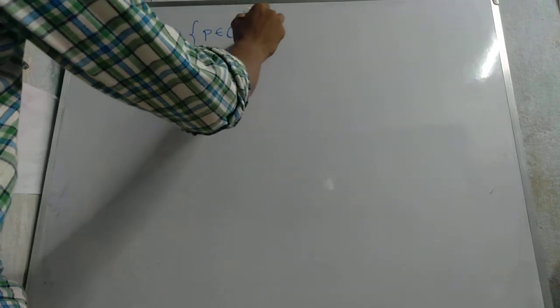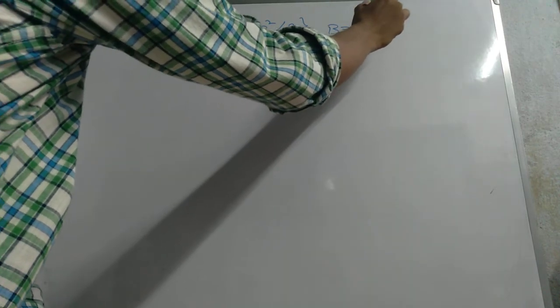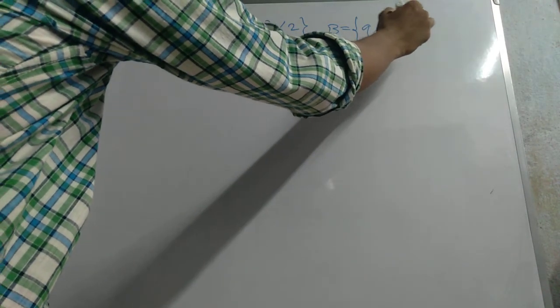Now we go to this example, where A is the set of p belonging to the rationals such that p squared is less than 2, and B is the set of q belonging to the rationals such that q squared is greater than 2. Then what do we find?